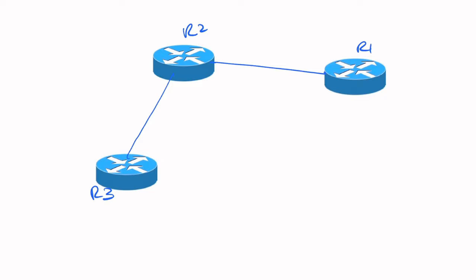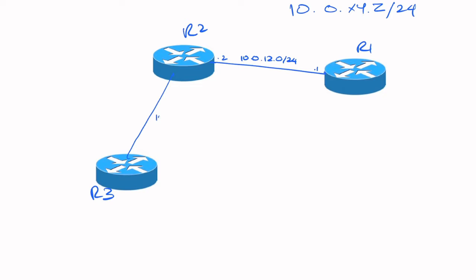For basic IP addressing, the first octet will be 10, the second octet 0, then XY, meaning the numbers of the routers connected, usually with the smaller one first, and Z being the number of the router, with /24. So for instance, this particular link is going to be 10.0.12.0/24, this side being .1 and this side being .2.